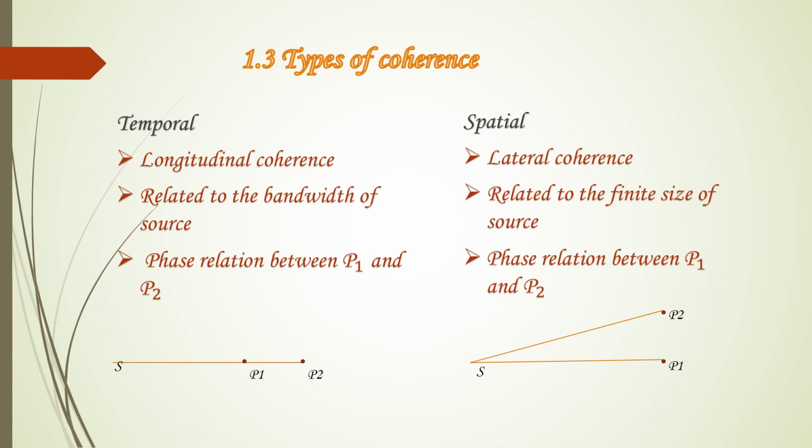So, temporal coherence means the longitudinal relation between two waves, and spatial coherence means the lateral relation between two waves. Temporal coherence is related to the bandwidth of the source, but spatial coherence is related to the finite size of the source.